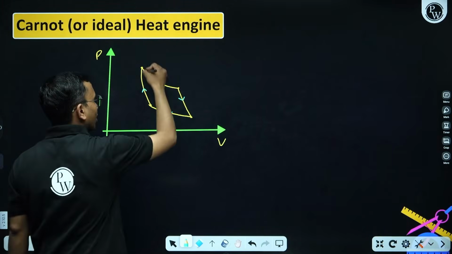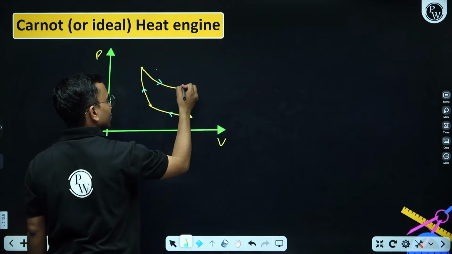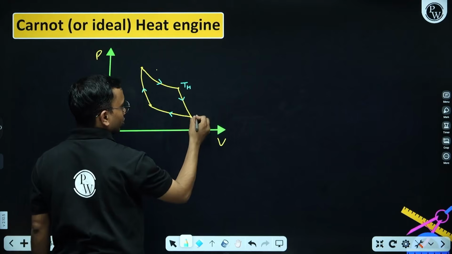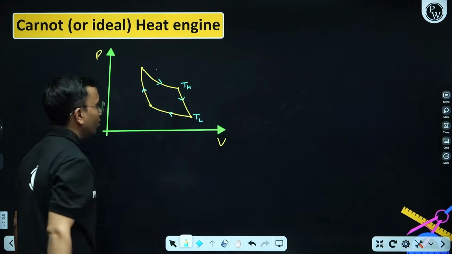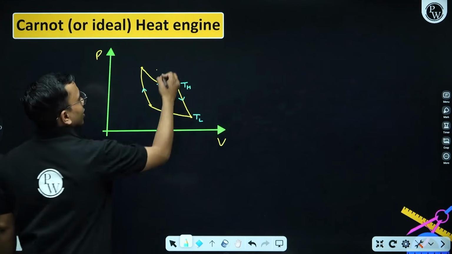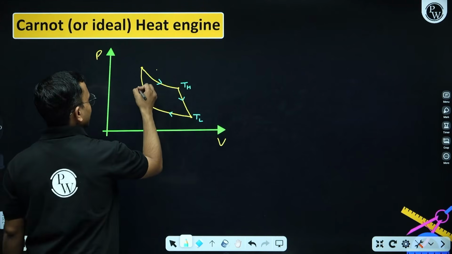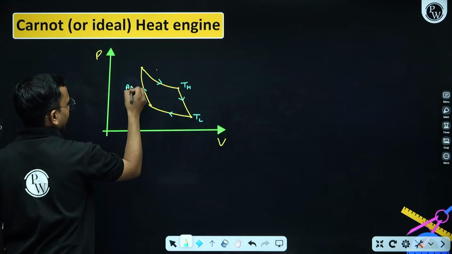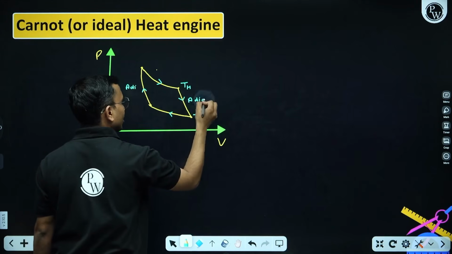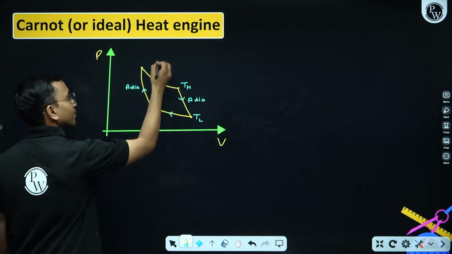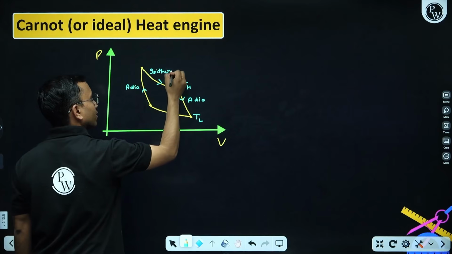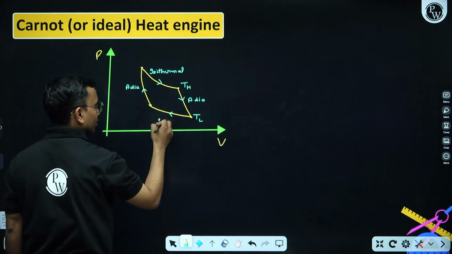Let us take on the upper isotherm the temperature is T high, and on the lower the temperature is T low. Let me write, this is adiabatic, this is adiabatic, this is isothermal, this is isothermal.